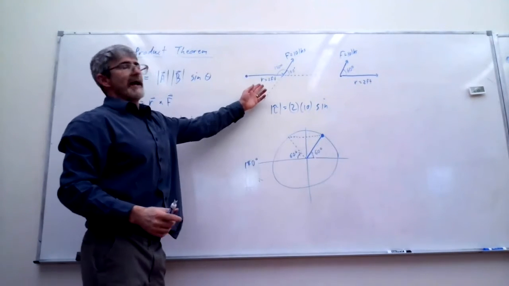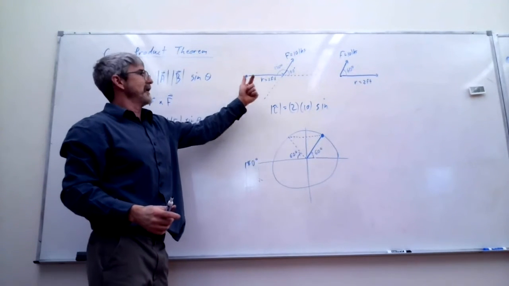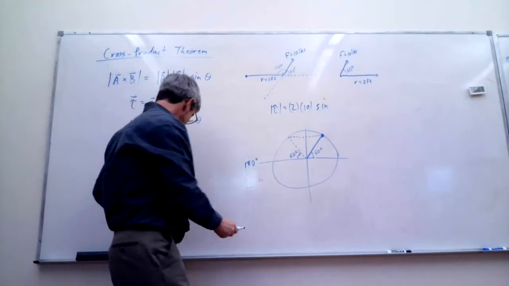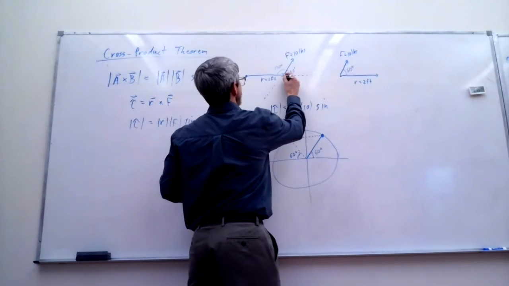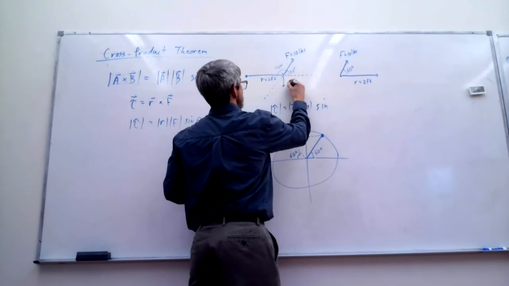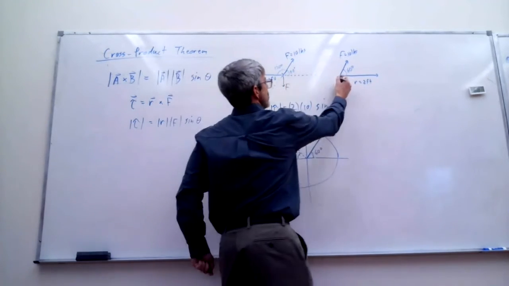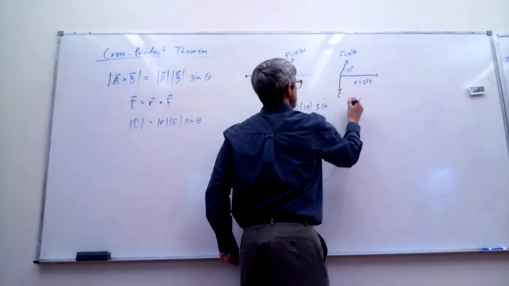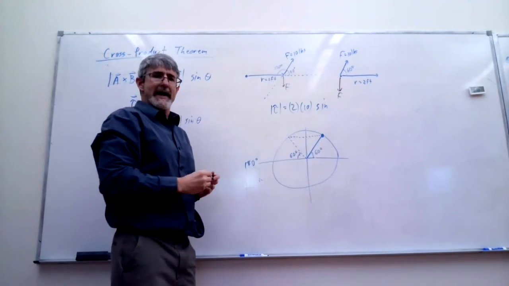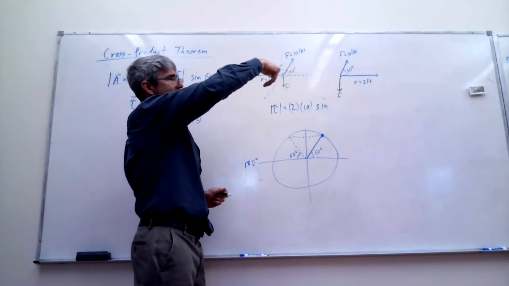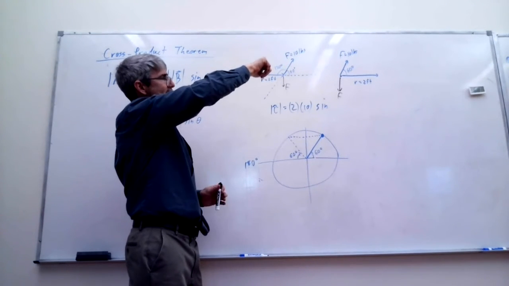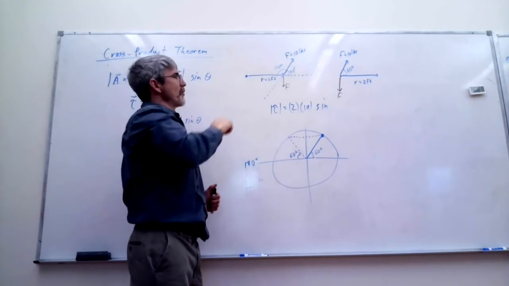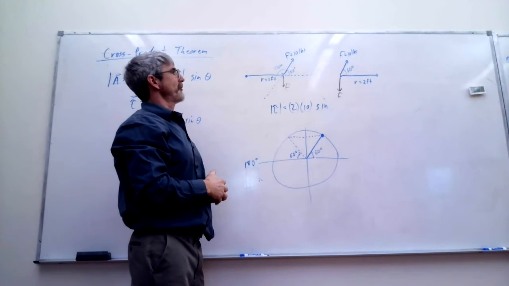So this torque has a direction pointing directly out of the board. If I apply a different force at the end of this lever arm, this way, then when I put it tail to tail, it would be down here. If I rotate R into that F, R would rotate clockwise in the plane, and F would be down.